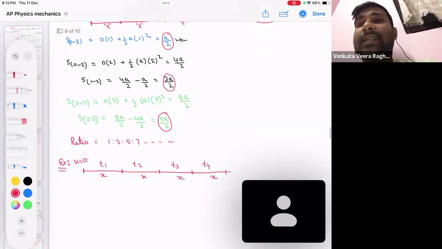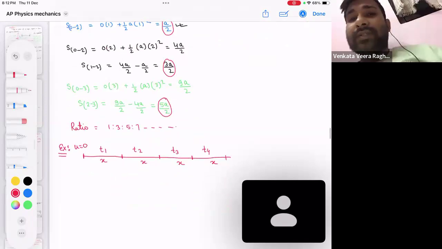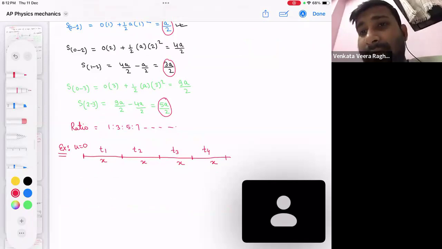So can we get this one? What will you do? Will you first calculate the time taken to travel x distance? Will I write x equal to ut plus half at square? So the time is coming under root of 2x by a. Please tell.